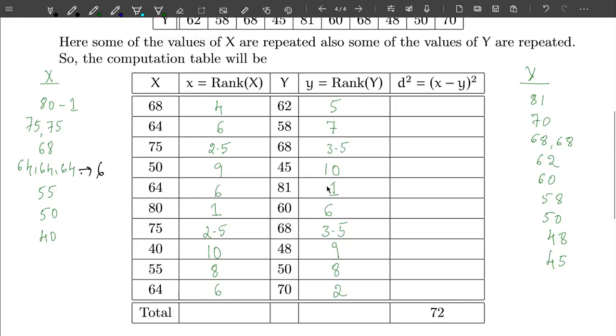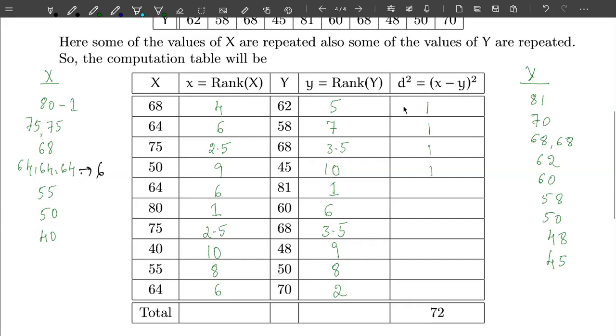Now the ranks are calculated. Let's calculate the values of d square, and d square is equal to x minus y whole square. So 4 minus 5, that is minus 1, minus 1 square is plus 1. Then 6 minus 7, that is minus 1, minus 1 square is 1. 2.5 minus 3.5, that is minus 1. If you square it, you get 1. Again here also it is 1.